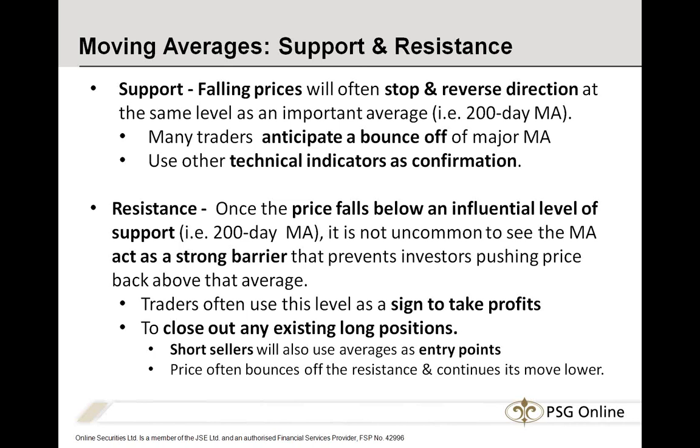Okay, this is what I find the main use, or what I use moving averages a lot for, especially for day trading: areas of support and resistance. Obviously, when prices have been falling, we meet an area where the market stops and reverses direction, and at that point, usually, for example, the 200-day moving average acts as a very, very important support level, and usually we anticipate a bounce from that.